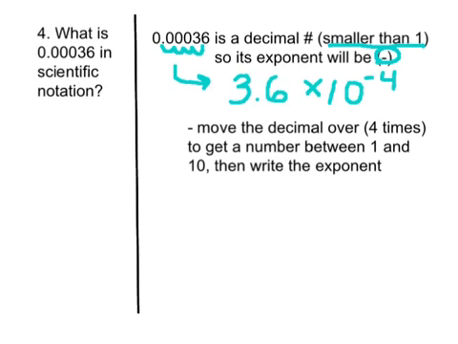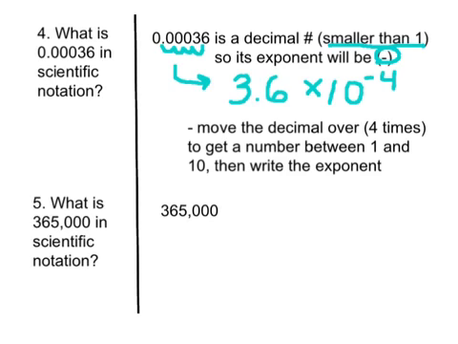Then we write how many times we moved the decimal as our exponent. If it's a number bigger than 1, we leave it a positive exponent. But if it's a decimal number smaller than 1, we put a negative in front of that exponent. Let's try just one more example of converting a number into scientific notation.